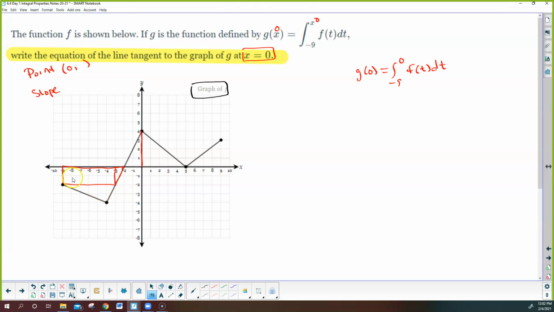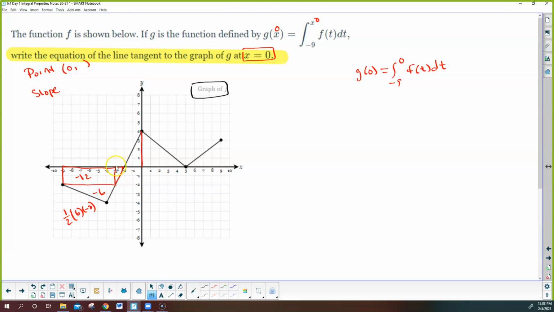So I know this is a rectangle, 1, 2, it's a 2 by 1, 2, 3, 4, 5, 6. So a 2 by 6, which tells me there's -12 area units down there. This is 1, 2, 3, 4, 5, 6 by 2. So 1/2 6 by -2 gives me a negative area of -6 under here.